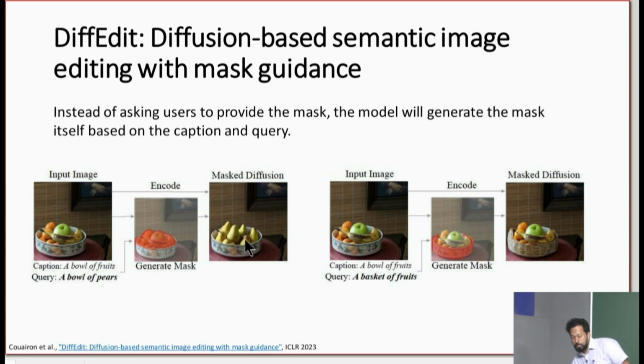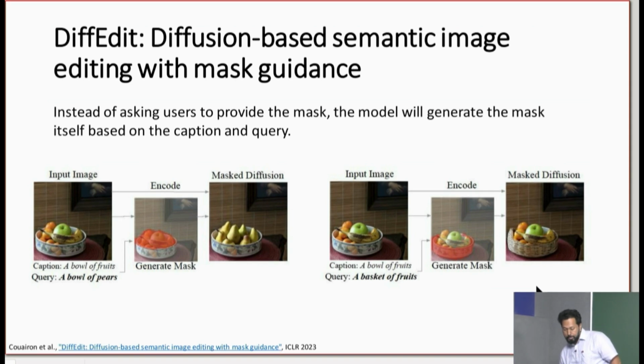Same here, a bowl of fruits, but now you are asking about a basket of fruits. Now it is supposed to identify or mask the basket, which is the red thing here, and replace it with the basket. So this is a very good amount of control: you can change specific things in an image.